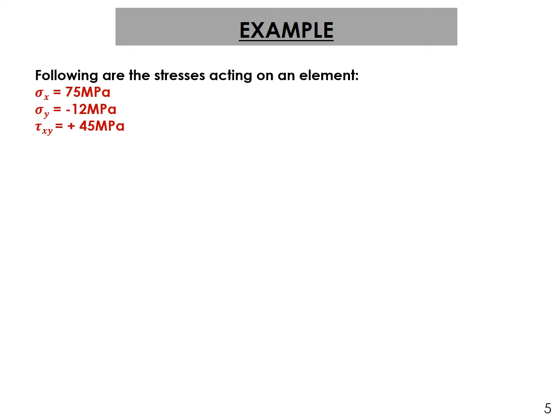Before I start, once again, I would like to discuss something very important. The convention for the Mohr circle is quite different. I just told you clockwise positive and anti-clockwise negative. But here shear is given as positive. So what do we mean by positive shear? Just remember those simple axes, x and y. Positive shear means tau xy is positive.